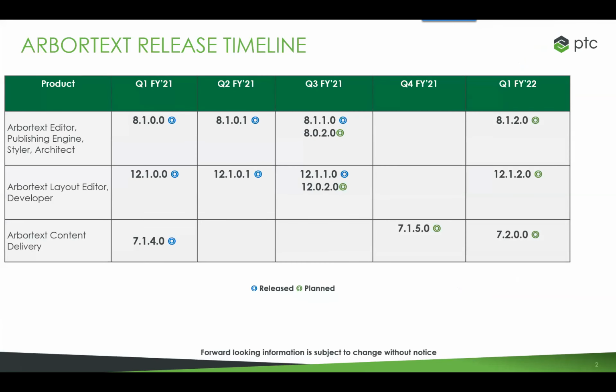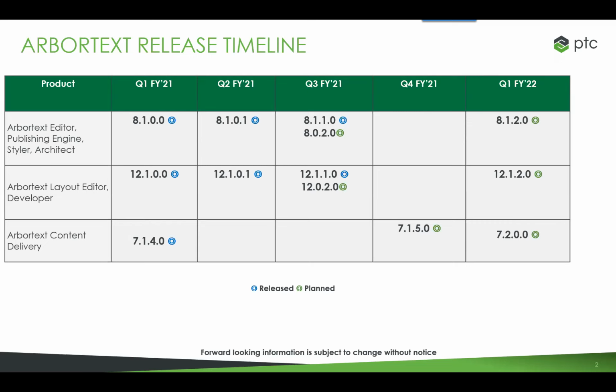First, I'll just cover a high level Arbortext release timeline. As you can see, we have delivered Arbortext 8.1, Arbortext layout editor and developer 12.1. That was back last October.